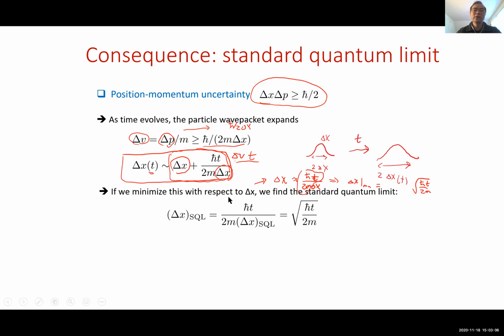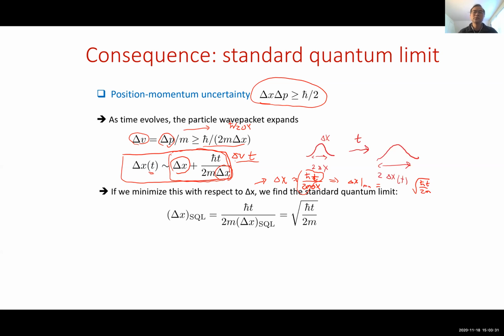So if we minimize this expression with respect to delta x, we find the so-called standard quantum limit. The SQL, standard quantum limit, is the h bar t over 2m over the delta x that we found here, and that's this expression.